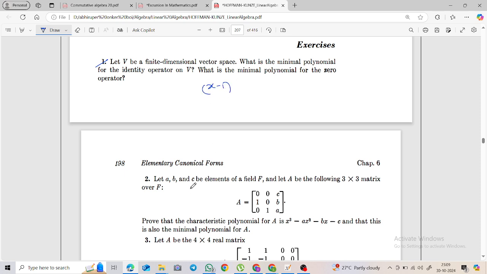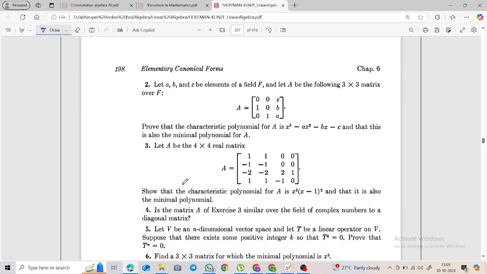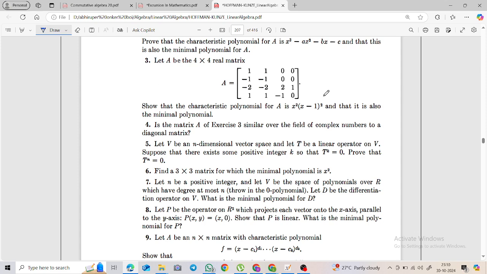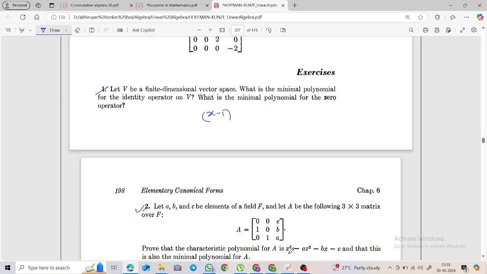Now, let A, B, C be elements of the field F. Can you do 2?